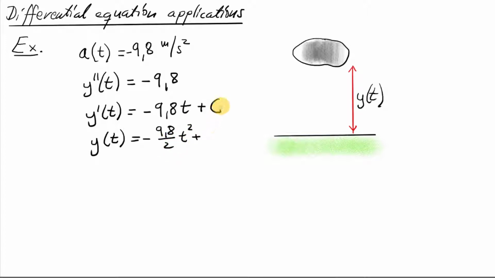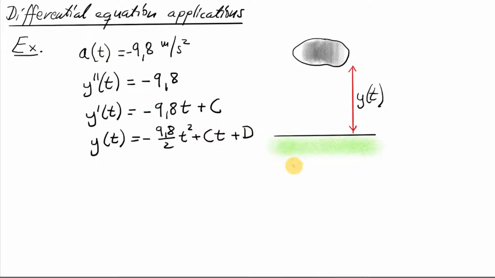And now we must also take the antiderivative of this one, which is c times t, and we get a new integration constant. So we see that the height of the object above the ground as a function of time is given by this. So the solution to this differential equation is this one.